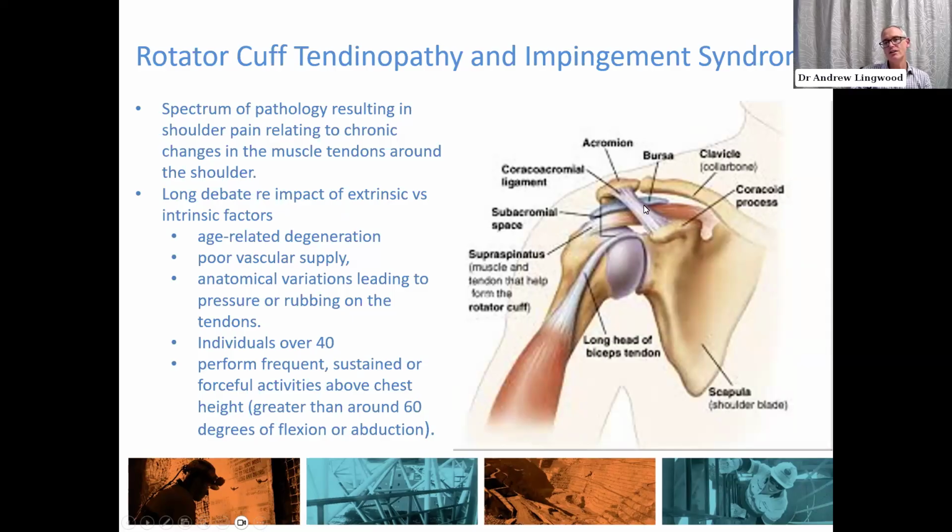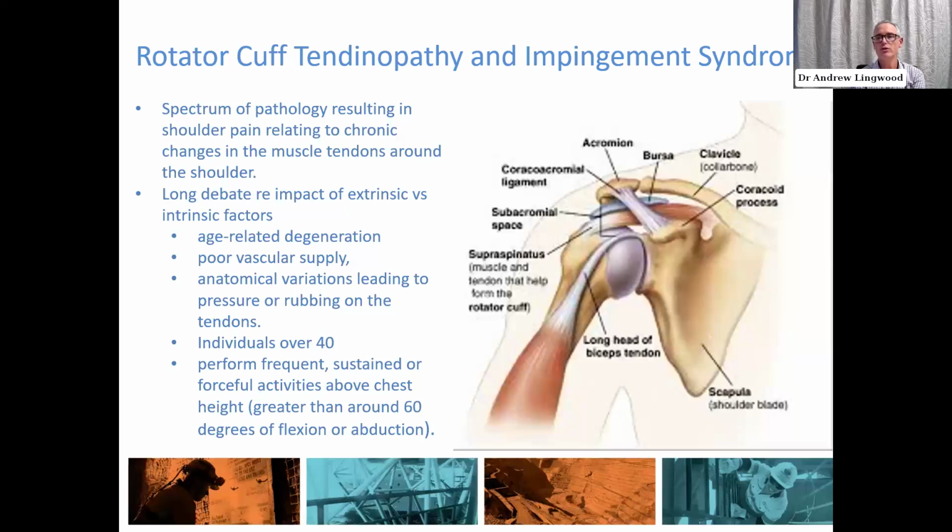It travels under this sort of tunnel here in between the acromion, which is the bony bump on the front of your shoulder blade, the top of the humerus and your AC joint around here. So it's going through this little tunnel. It's got this bursa here, which is there to let the tendons slide back and forth.